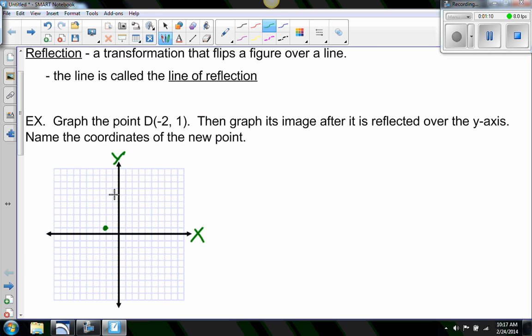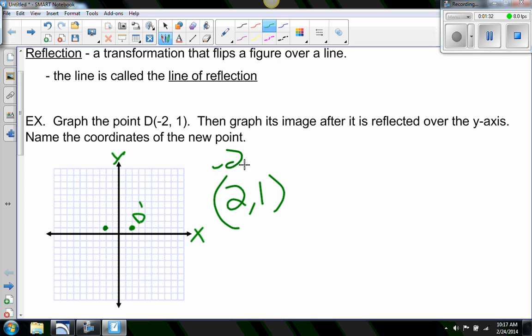So if I want to go across the y, I have to go the same distance away from y on the other side of it. So I'd have to go (2, 1). This is a reflection, so this is the new D. Okay, so my new point is at (2, 1).